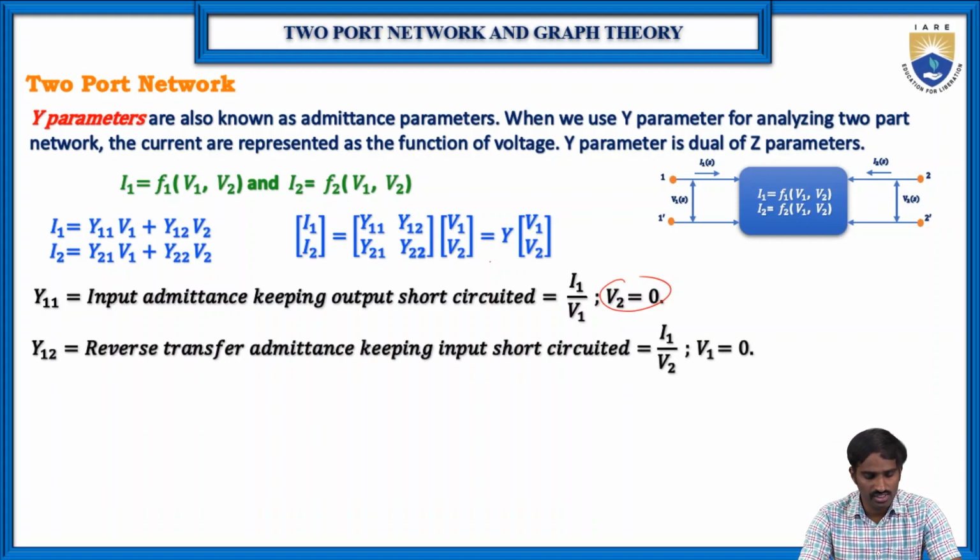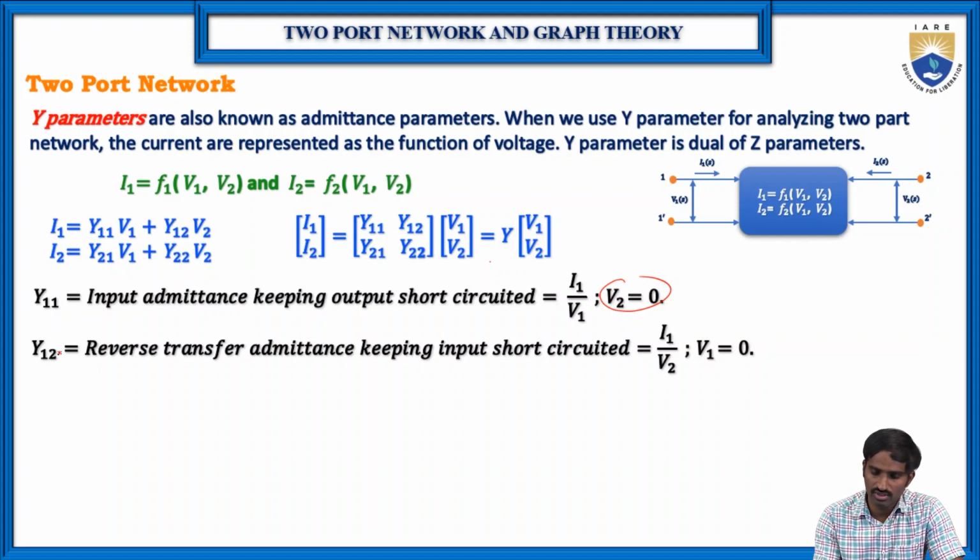Then Y12. Here Y12 is the reverse transfer admittance, keeping the input short circuited. The 1 refers to port 1, the input side, and 2 refers to port 2, the output side.